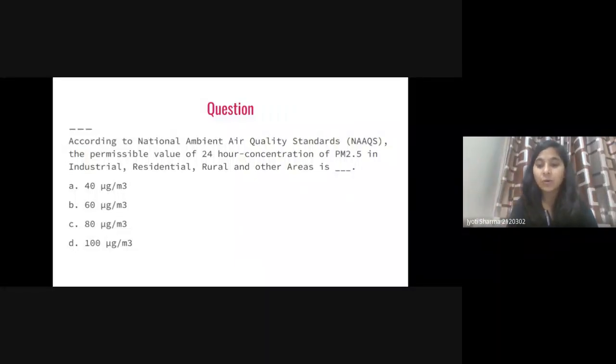What should be the value of this particulate matter according to NAAQS for 24 hours, in industrial, residential, rural, and other areas? Alka gave me the B answer, that is 60 microgram per meter cube, the threshold value that we can't exceed.